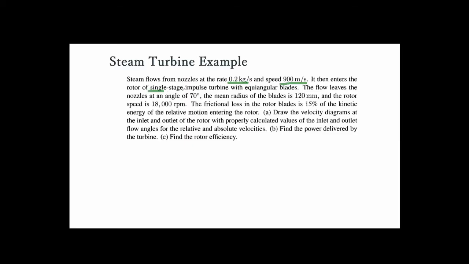And it is a single stage impulse turbine with equiangular blades. The steam leaves the nozzle at an angle of 70 degrees and the mean radius of the blade is 120 millimeters. And the rotor rotates at 18,000 rpm. And the frictional loss is 15% of the kinetic energy.